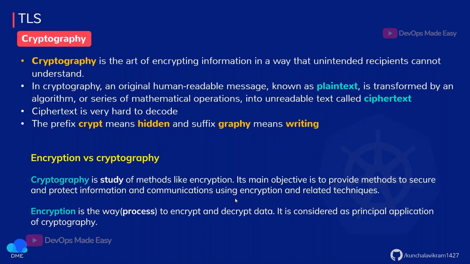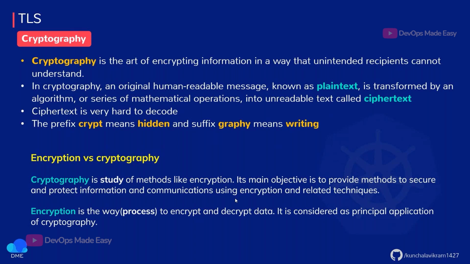It is not an algorithm or a process. It is just an area, a study area in which we understand how to encrypt information and in how many ways you can encrypt and decrypt the data, so that unintended recipients or hackers cannot read it.